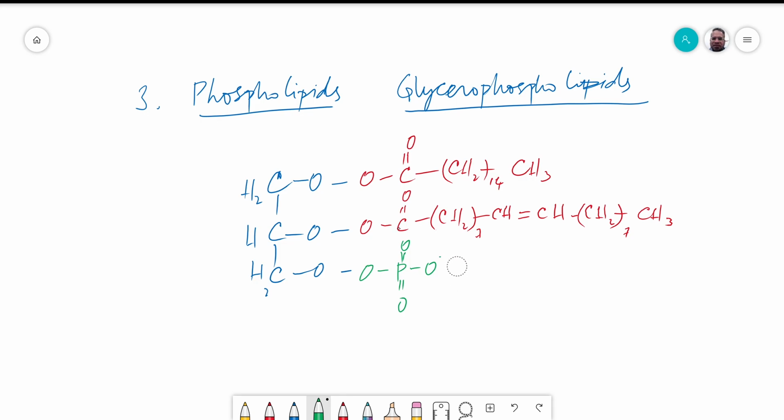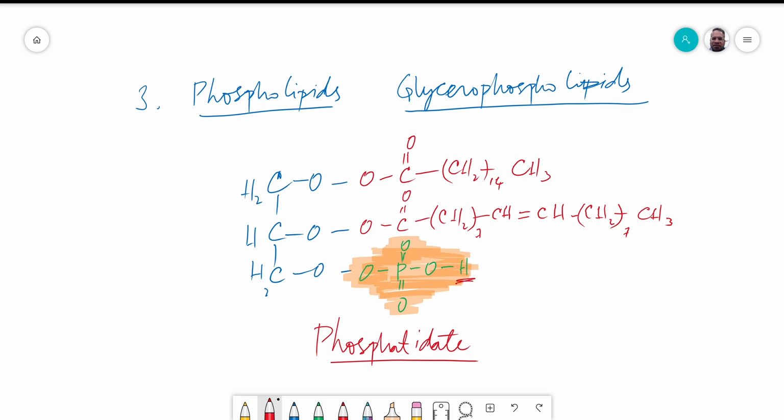So if you were to draw a hydrogen here, dash H, right? Or you can show it without the hydrogen, with a negative sign here. So if you just have that part here, this is an example of a phospholipid, and this is the simplest one, called phosphatidate.